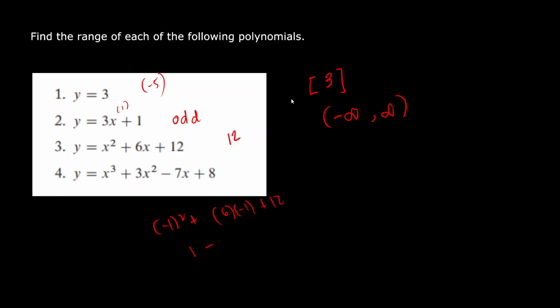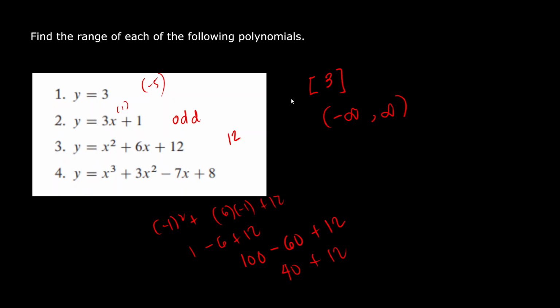So, 1 minus 6 plus 12, 13 minus 6, it is a positive number, 7. Okay, let's say negative 10. Negative 10 squared, that is 100, minus 60 plus 12. Lakihan lang natin para makita natin. So, 100 minus 60 is 40 plus 12.